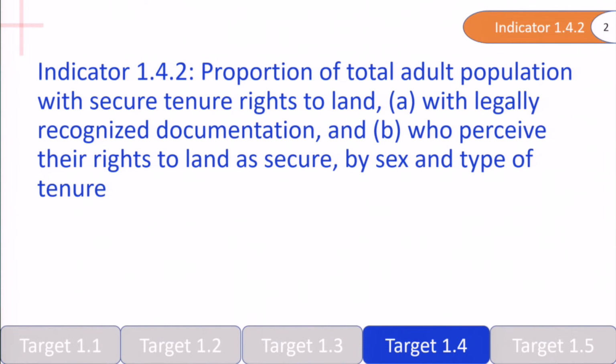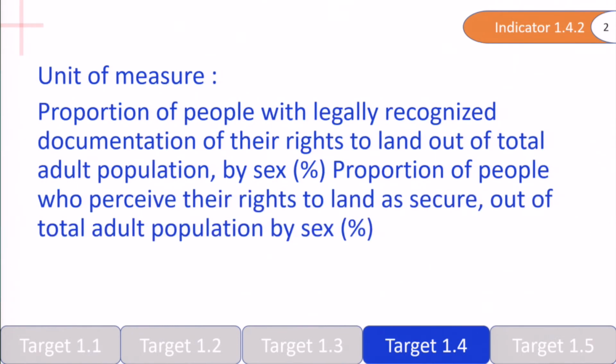The unit of measure is the proportion of people with legally recognized documents that they hold as their right to own the land, and it could be calculated in terms of how many male members have it, how many female members have it. So, it could be a percentage. Similarly, the proportion of people who perceive their rights to land as secure out of the total adult population. Again, if we go by gender, then we can give it as a percentage.